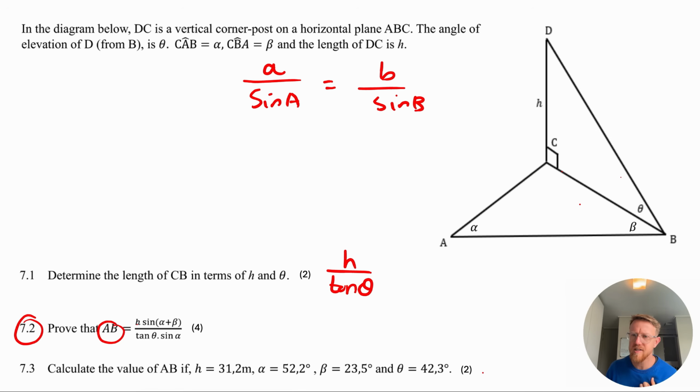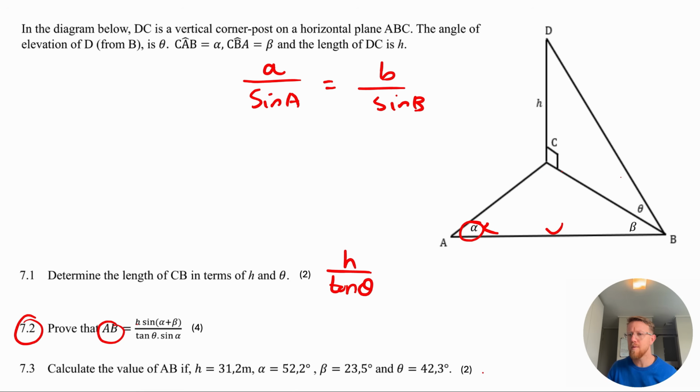And then the other side we have is this one here, and the angle opposite that one is that. So we've got this and this. Now we want to use this side and this angle, so we need to find this angle first.